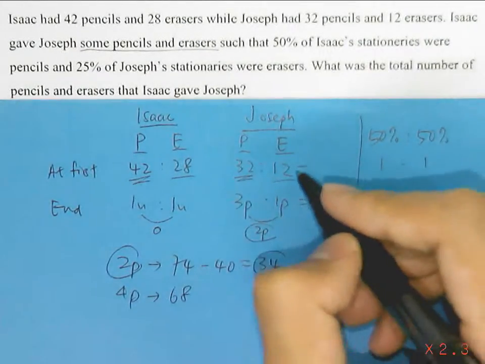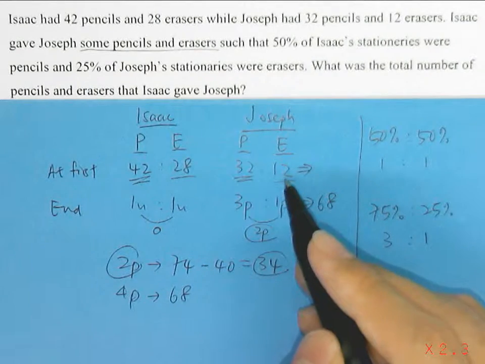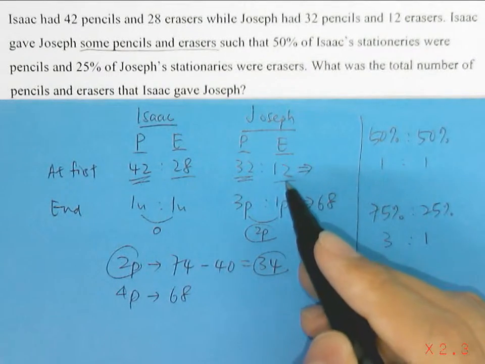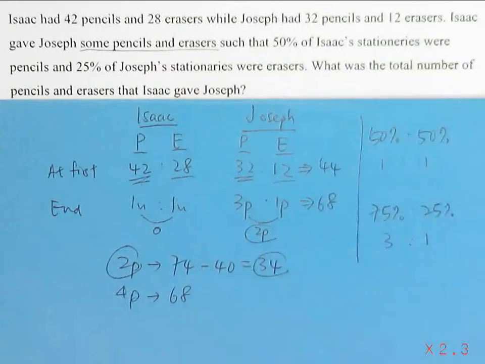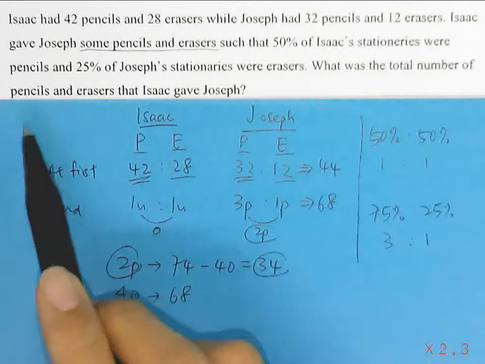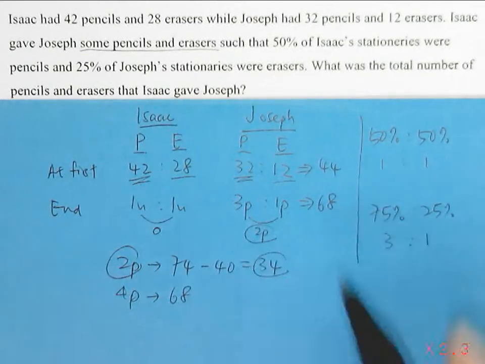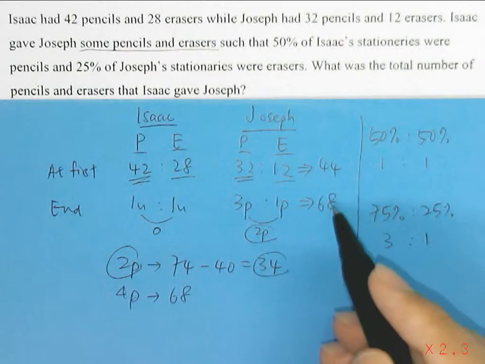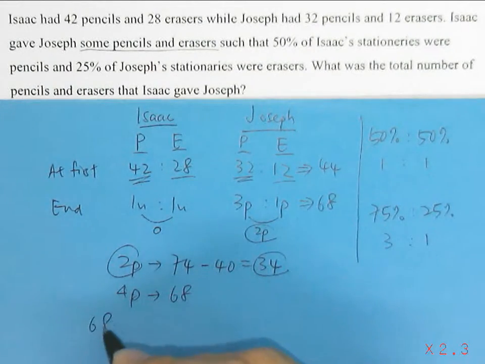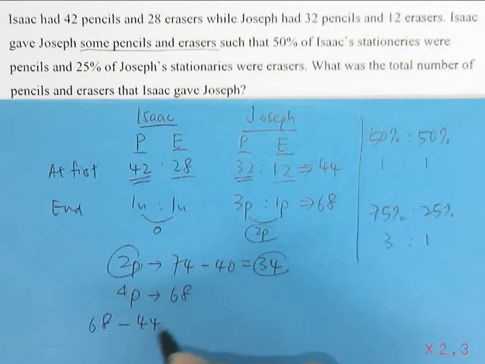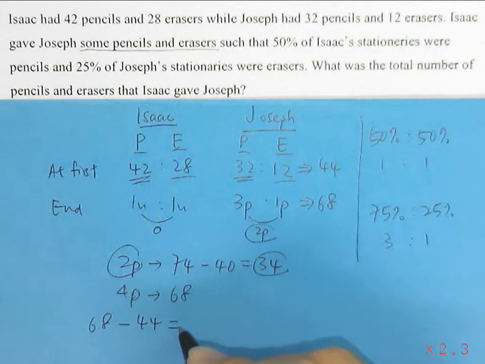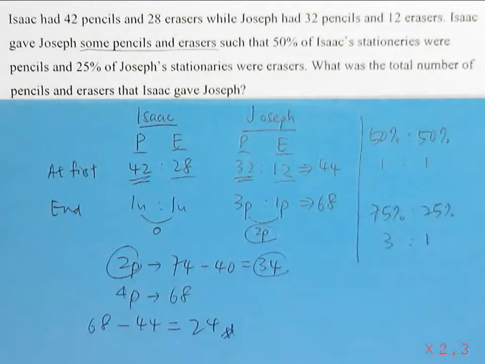Well, at the start, he had 32 plus 12 stationaries. Alright, so that will be 44. So to find out the number of stationaries that Isaac gave Joseph, we will just take his end number of stationaries, which is 68, and subtract off his initial number of stationaries. So that will give us our answer of 24 pencils and erasers.